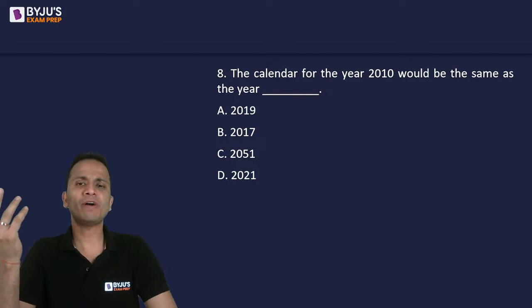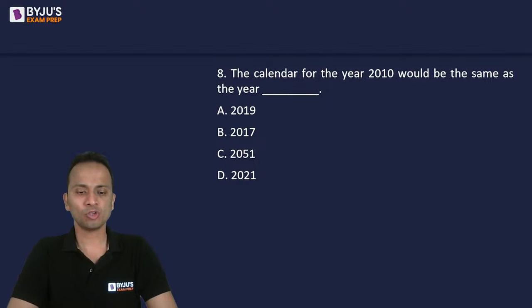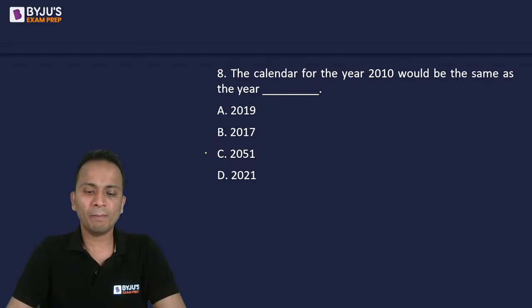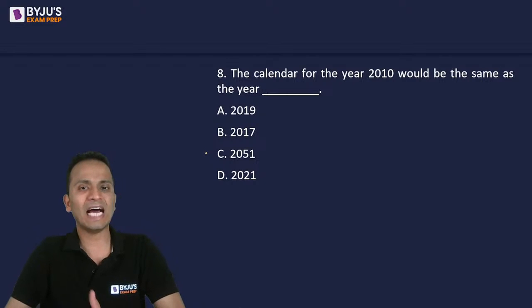You basically need to find out the number of odd days between the given options. So options में number of odd days calculate करने हैं. Whenever the number of odd days comes out to be a multiple of 7, that will be your answer.